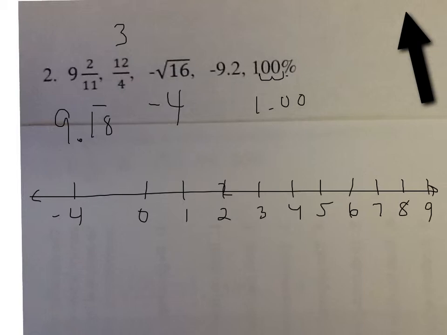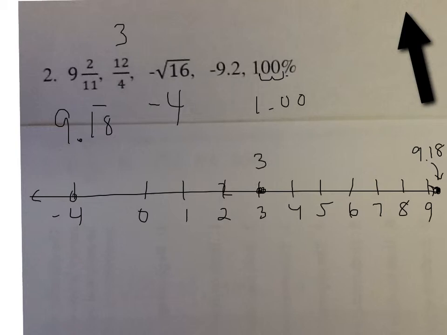So let's go ahead and start plotting. 9 and 2 elevenths, 9.18 repeating, is going to go directly past 9 over here, kind of towards the end. I'll draw an arrow to it, so you know that's where that is. 3 is going to be right here, directly on 3.